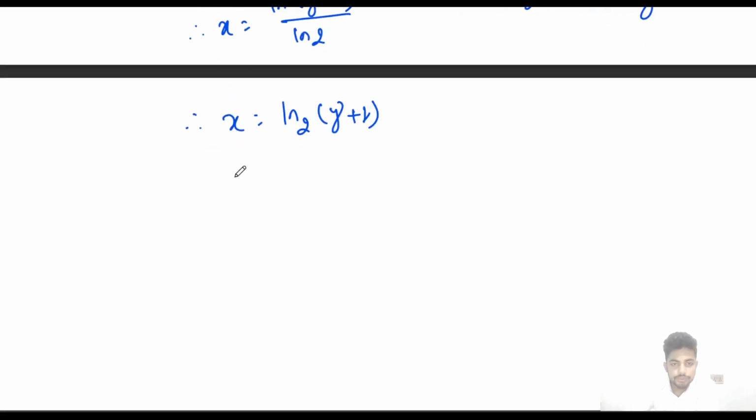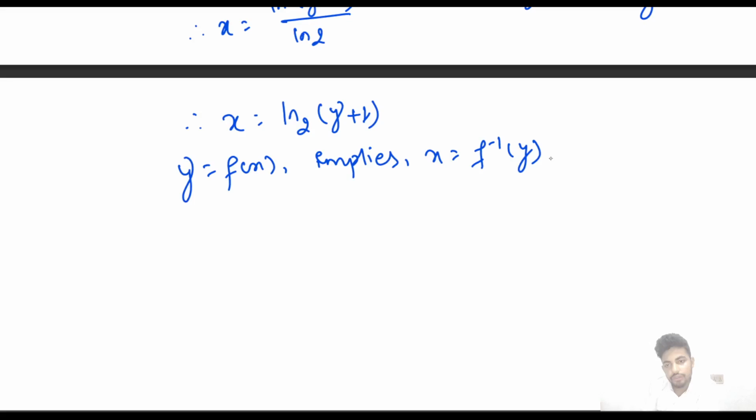Now we assumed previously that y is equal to f(x). This implies x is equal to f inverse of y. This means f inverse of y, which we write in the place of x, is equal to log base 2 of (y plus 1).